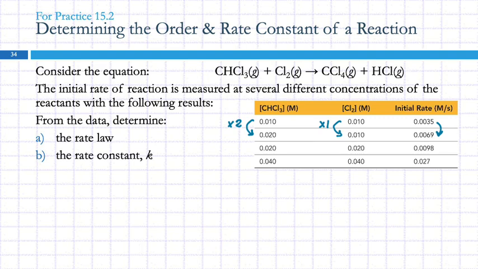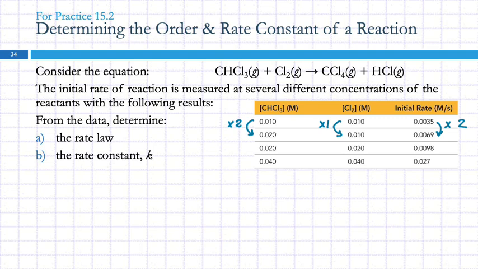So this is times approximately 2, which is close enough. Because anytime we make a measurement, there's going to be some error, some uncertainty, right? So things don't always come out perfect. Okay, so if this one doubles and the rate doubles, what's the reaction order for this reactant? 1, because you do something to the concentration and the rate changes exactly the same way.